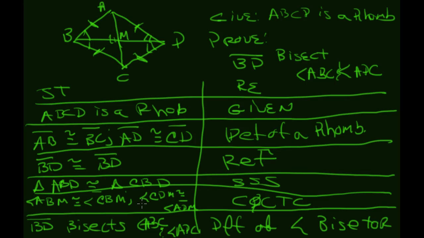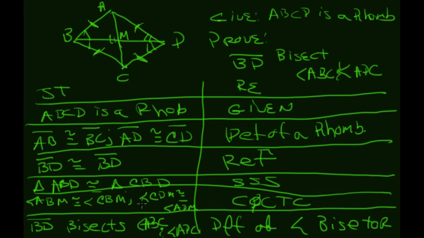Okay, so just kind of recapping here. If you have a parallelogram, then the opposite sides are congruent, the opposite angles are congruent, and the diagonals bisect each other. A rectangle is a parallelogram with 4 right angles. A rhombus is a parallelogram with 4 congruent sides.